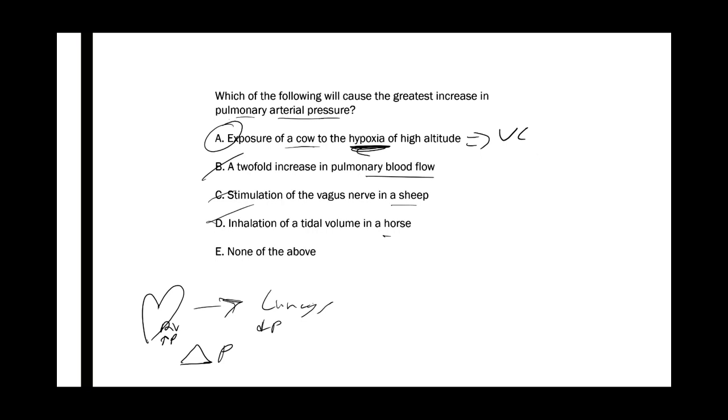And remember, the mechanism of that is smooth muscle contraction in the pulmonary arterioles. And that causes decrease in radius, which causes an increase in resistance of the vasculature, which causes increase in pressure.